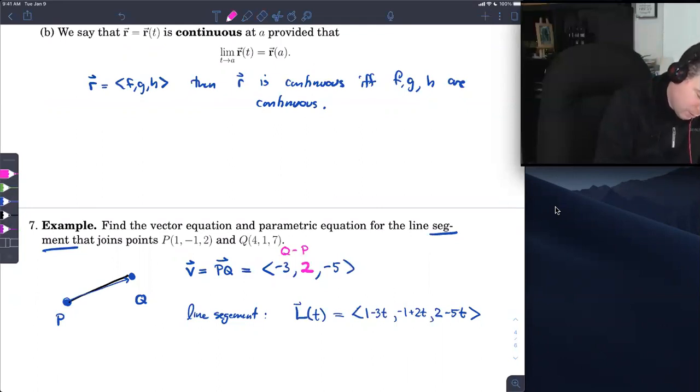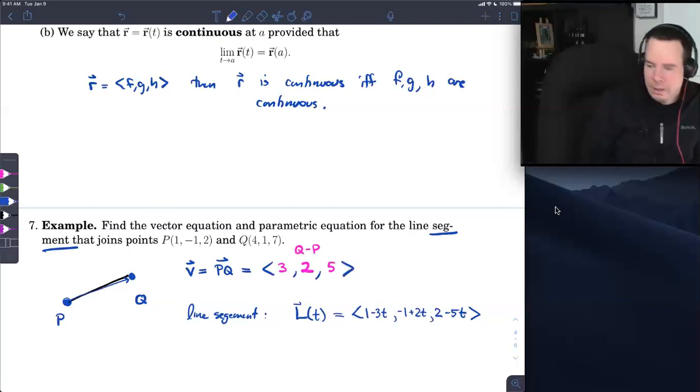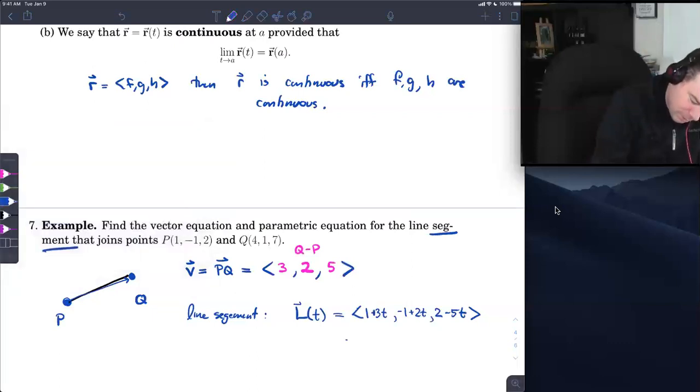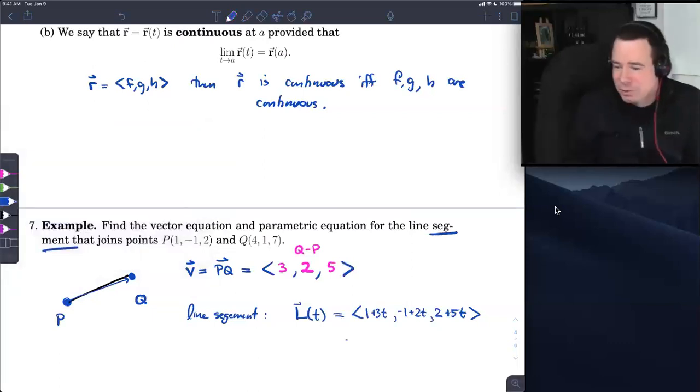So let me write it out again. Q minus P. So 4 minus 1, 3. 1 minus minus 1, 2. 7 minus 2 is 5. Thank you. Yeah, I got a bunch of them wrong. Just making sure you're all awake, right? Not really, just making sure myself is awake, I guess.